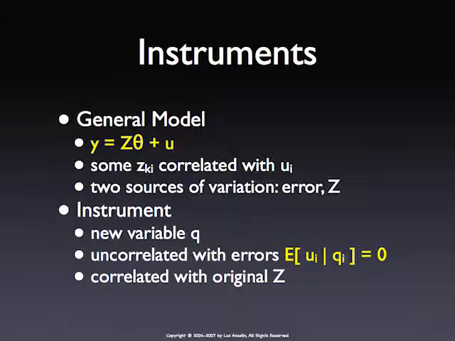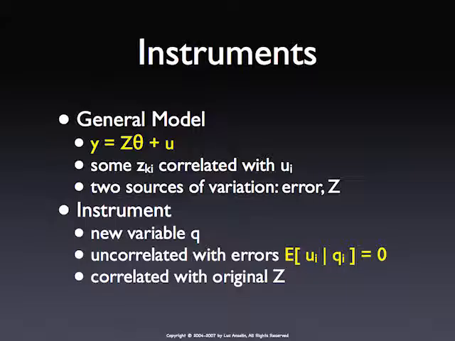So we have two sources of variability. Remember, previously the X was not really a source of variability because for all practical purposes we could treat it as not being random. But now that's no longer the case. So we have both variability from the Z and variability from the error term. And in comes this instrument, which is a new variable, where the conditional expectation of the error term given the instrument is 0.